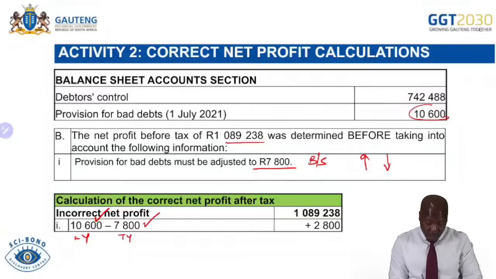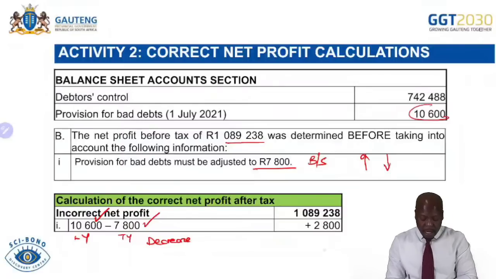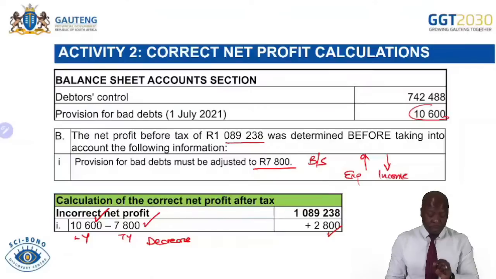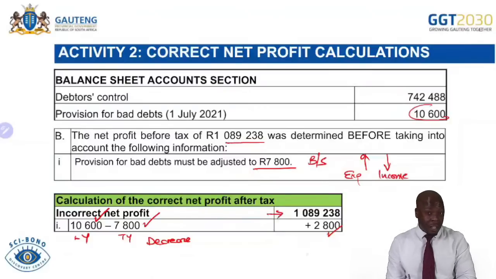What do you see? This is a decrease. A decrease of how much? 2,800. And you remember what I said? An increase is an expense, but a decrease is income. It therefore means when we got this net profit of 1,089,238, there is income that was not recorded, which is 2,800.